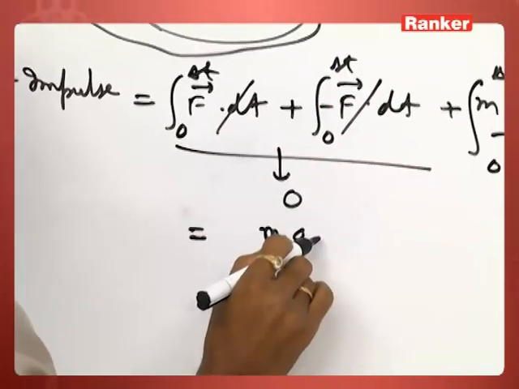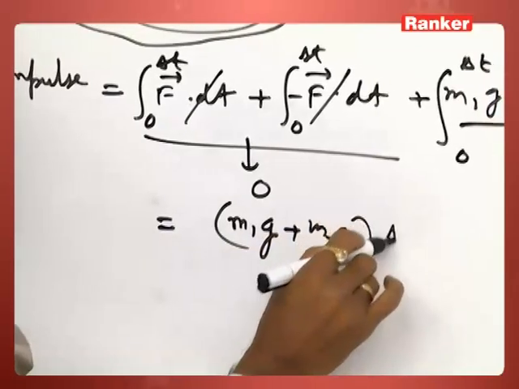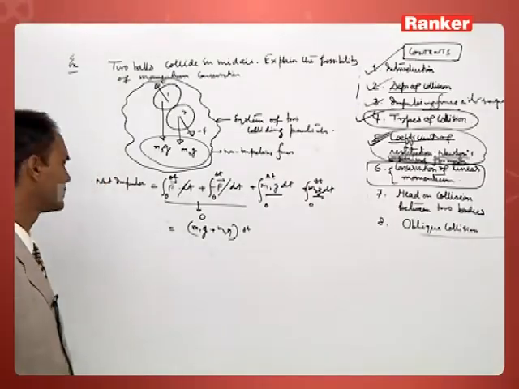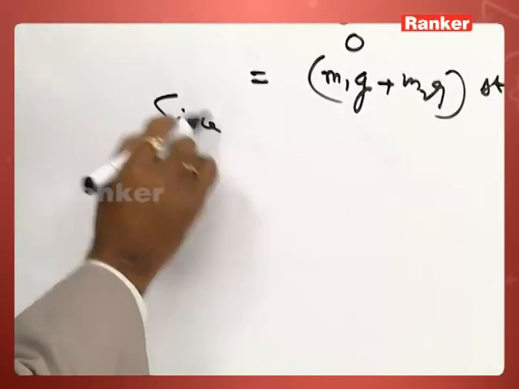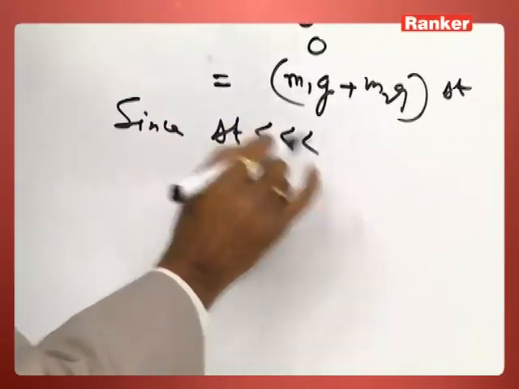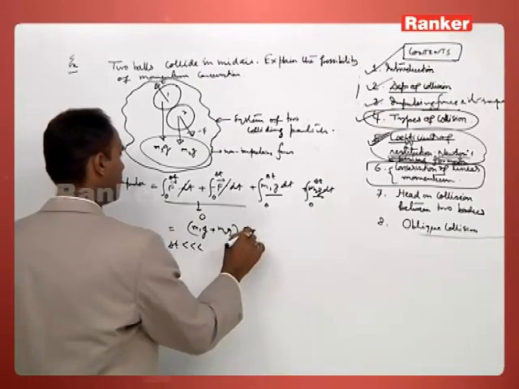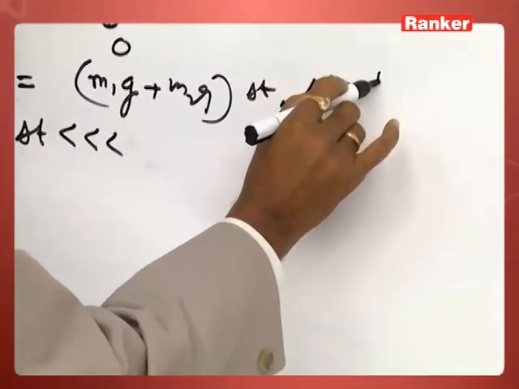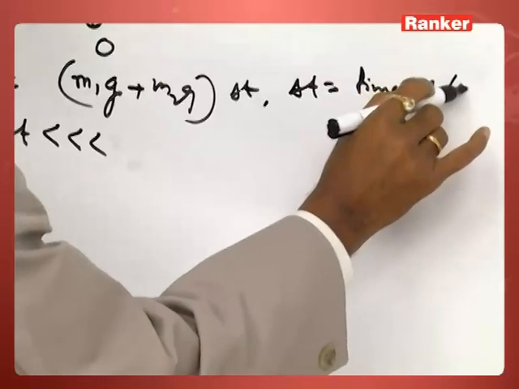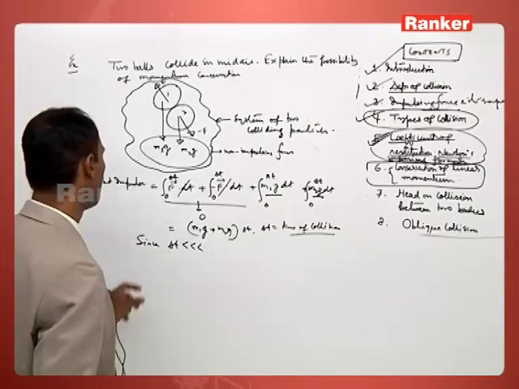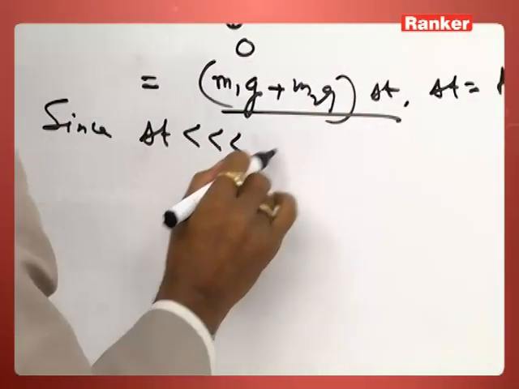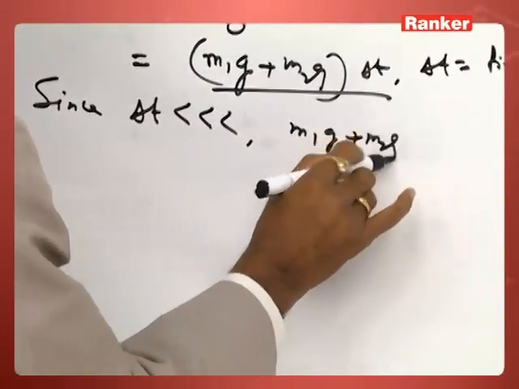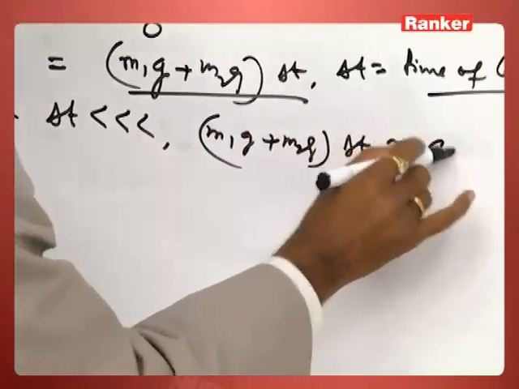So (m1 plus m2) g into del t. Since del t is extremely small, what is del t? Time of collision. The bodies are in contact for an extremely small time. Since del t is very small, this product can be approximated to 0.